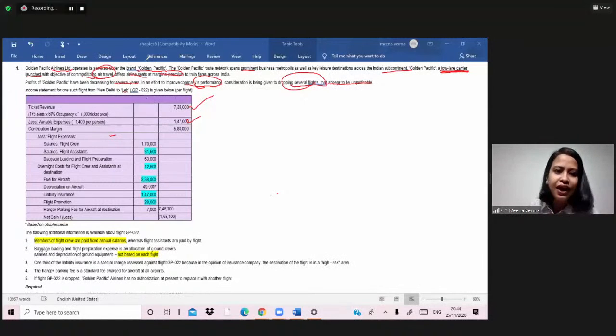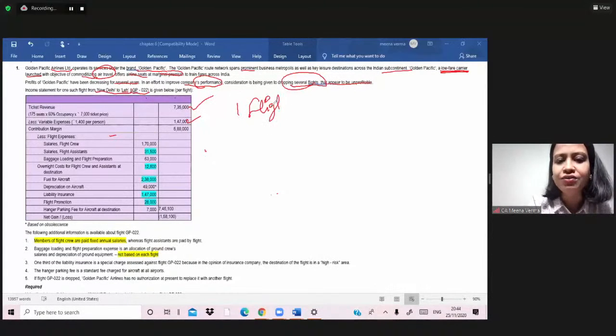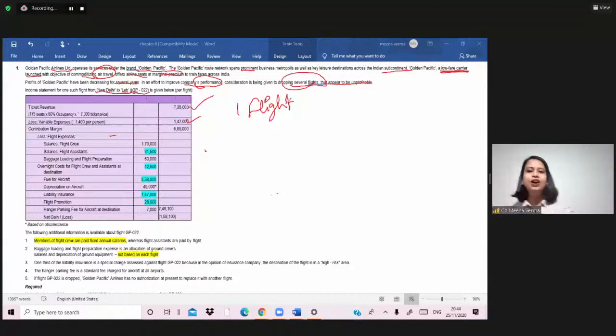They have done an analysis on one flight which runs between New Delhi to Leh, and the flight name is GP022. They have given the information of one flight, one plane, which runs from Delhi to Leh.